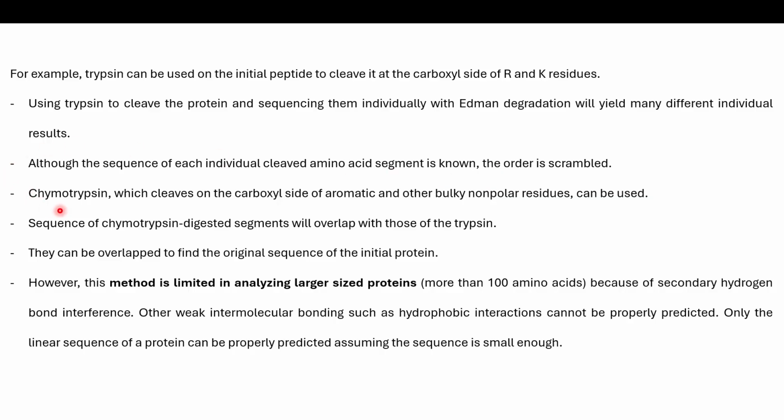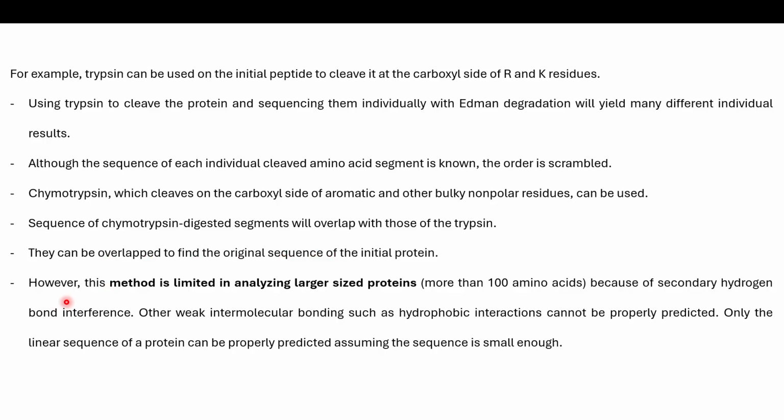Another protease, chymotrypsin, cleaves on the carboxyl side of aromatic residues and some other bulky non-polar residues. One can sequence the chymotrypsin-digested segments too, and they will overlap with the trypsin-digested segments. The overlapping residues can then be checked to find the original sequence of the initial protein.